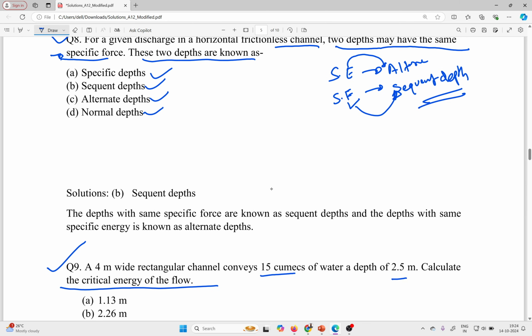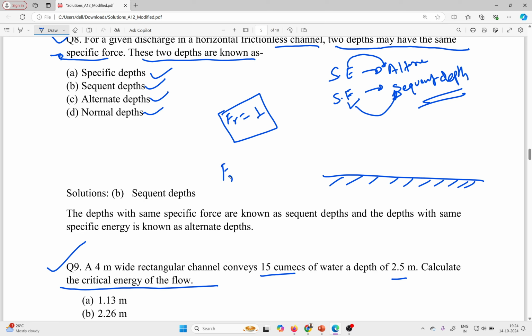Critical depth is nothing but, if the Froude number is equal to 1, let us suppose water is flowing in the channel.